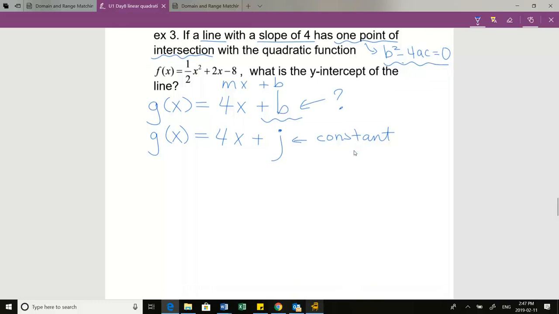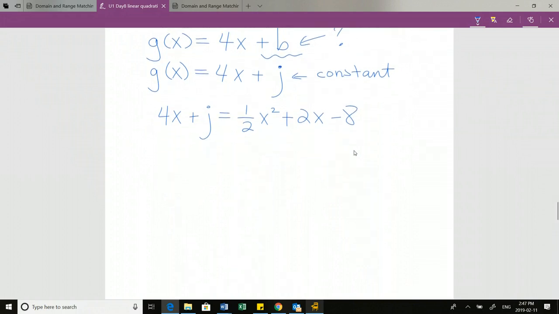Okay, so we're going to set the line equal to the quadratic as usual. We're going to use j as our value there. Okay, and then we're going to move things as usual over to the one side here. And because j is a constant, I'm going to group it in with the -8 here.